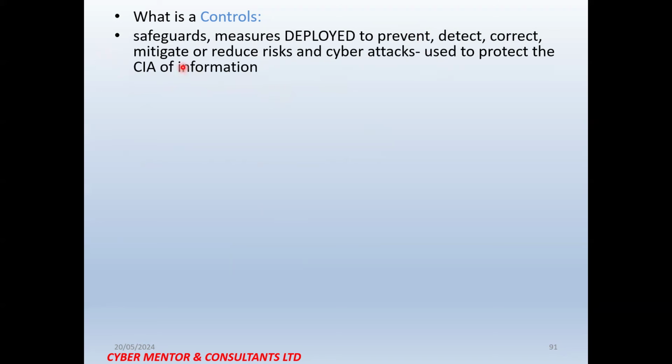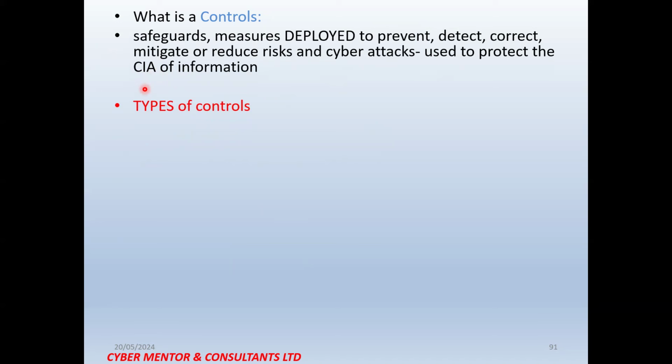What we use to ensure this preservation of the CIA are all controls and safeguards. For example, if we need to protect people from accessing our account, we want to have good password security in place. That password security is a control.